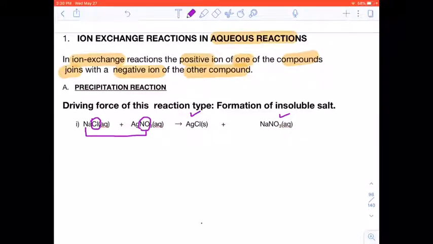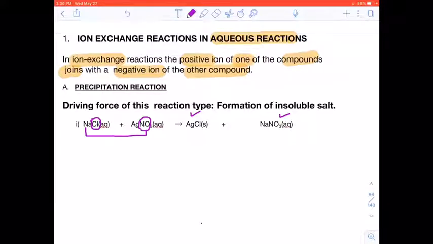Now in this type of reaction, if it's a precipitation reaction and a solid is formed, and this solid is insoluble in solution, it's actually the driving force of this type of reaction. So the formula that we have here is a molecular formula.